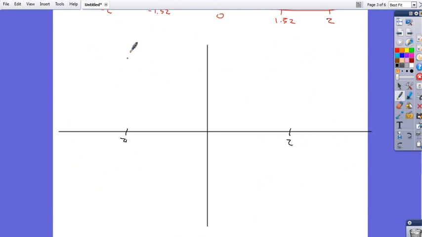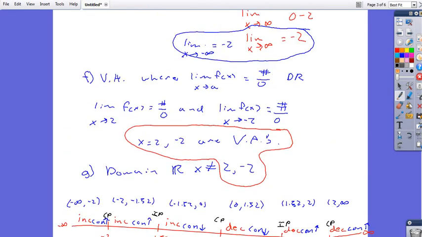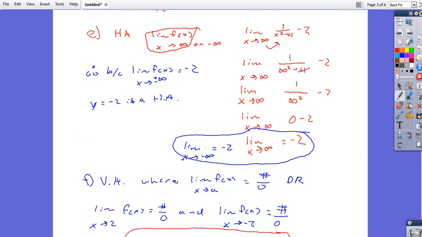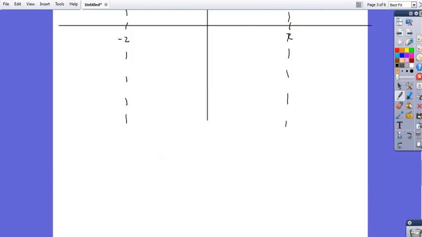There we go. Nice vertical asymptote there. Right here, vertical asymptote. Alright, so we've got our vertical asymptotes. Let's check out the horizontal asymptote. We know there's a horizontal asymptote of y equals negative 2. So let's make one.